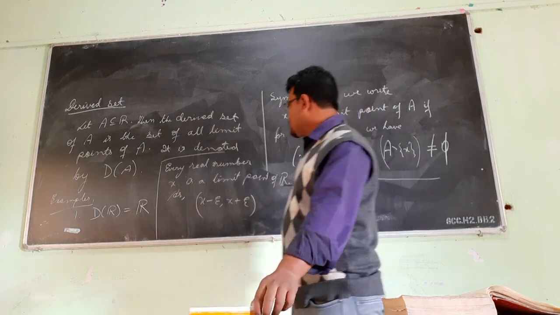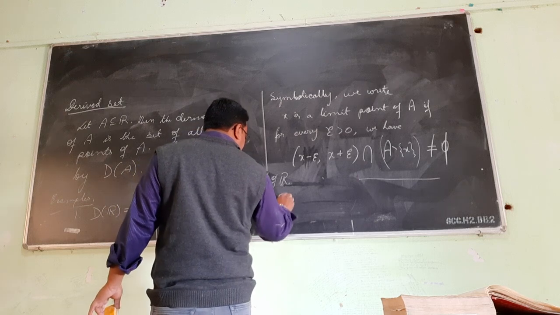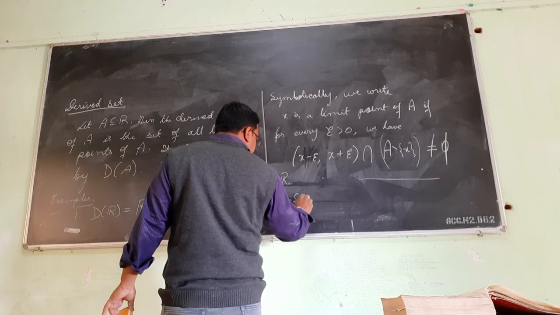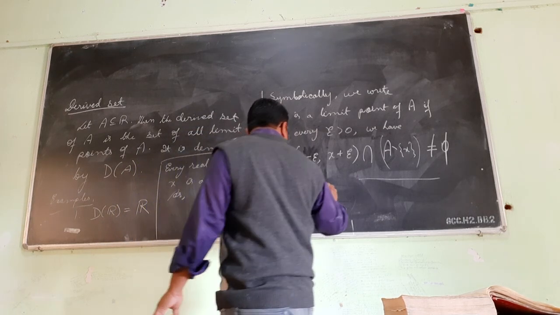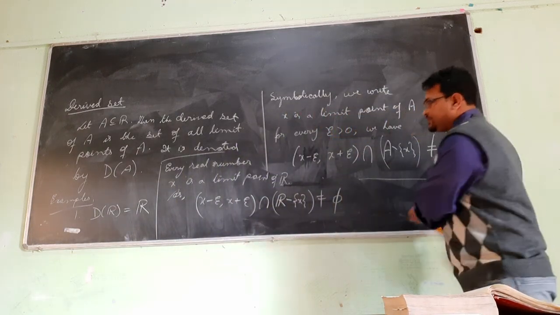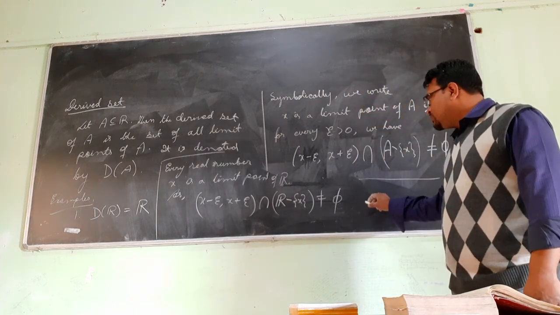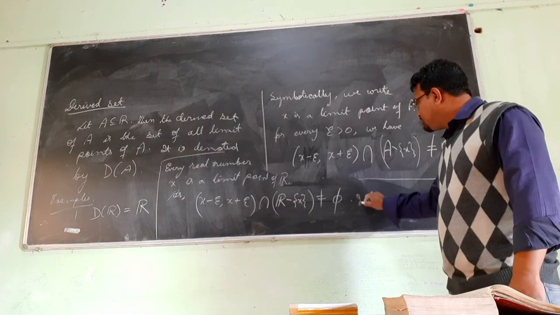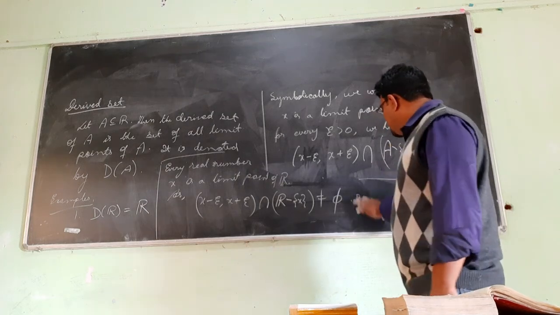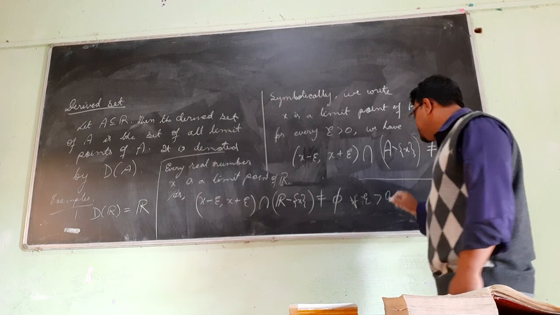So this intersection with R minus the singleton {x} is always non-empty, not equal to the empty set, for every epsilon greater than 0.